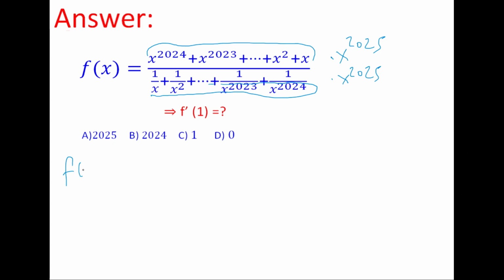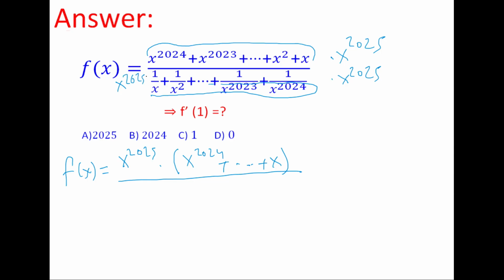So we're going to have f of x as x to the power of 2025 times the other terms, x to the power of 2024 plus up to x, divided by, if you put here x to the power of 2025 and distribute it into each and every term, then from the first term, it's going to be x to the power of 2025 divided by x, which is going to be x to the power of 2024.